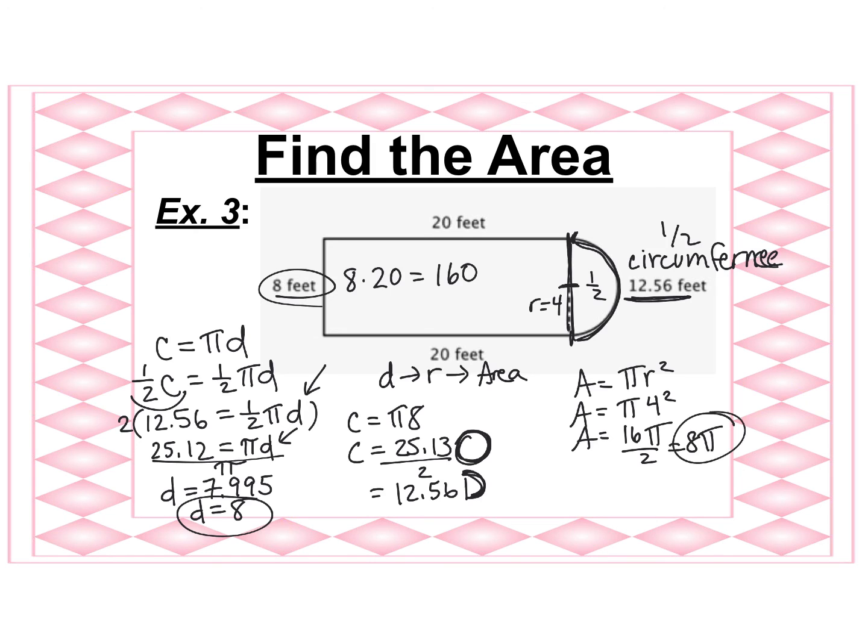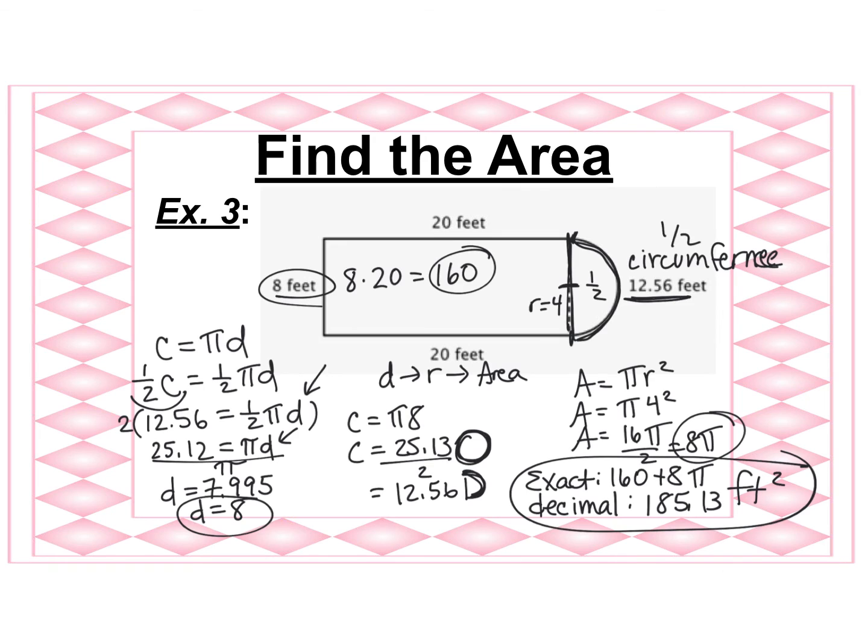So anytime you use pi, you keep pi, you are exact. So I can add the 160 and the 8 pi for my exact answer to be 160 plus 8 pi. And then if you want a decimal answer, you can just hit your pi button and you're going to get about 185.13 feet squared.